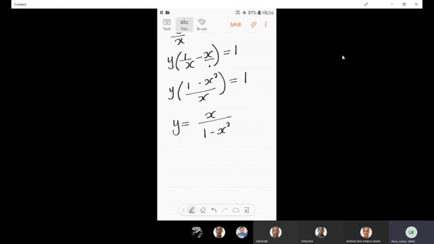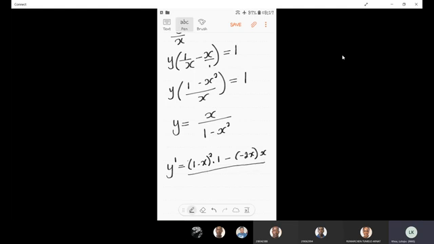So the quotient rule says my denominator must stay the way it is. Then the derivative of the numerator minus the derivative of the denominator, and then the numerator must stay the way that it is.